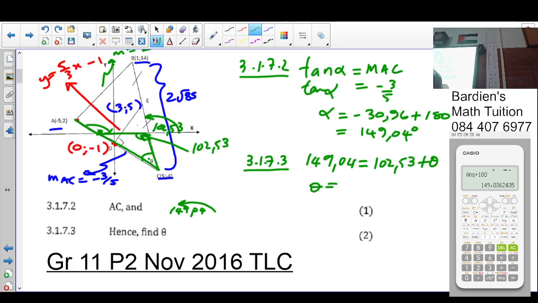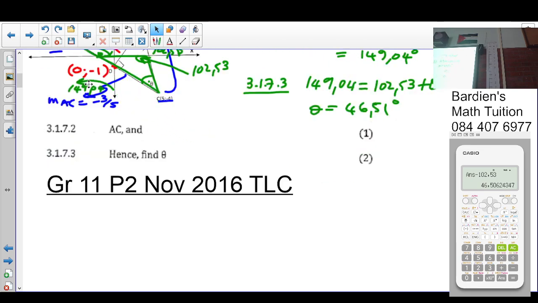So theta is equal to 149,04 minus 102,53, which means the angle is 46,51. And there we go. Is that correct? Okay. This diagram has a lot of information here. So I needed to see past that information given there.